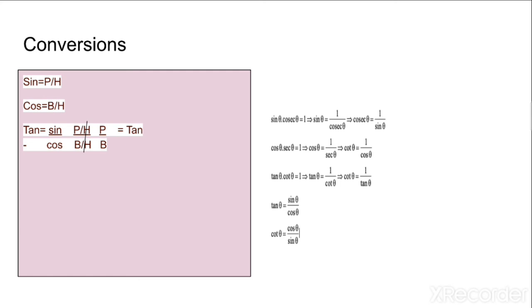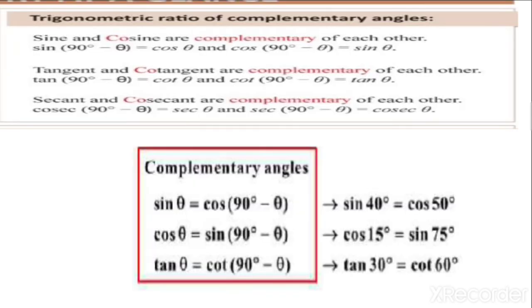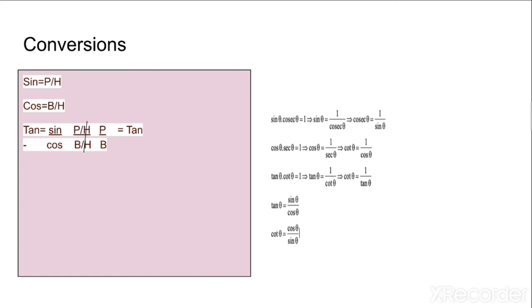So if I ask, children, did you understand the basic concept? First, if you understand what the hypotenuse, perpendicular and base are, and you are able to identify them in a triangle, then you are in a position to name their ratios. Now, in order to learn those ratios, I told you sine, cos and tan.